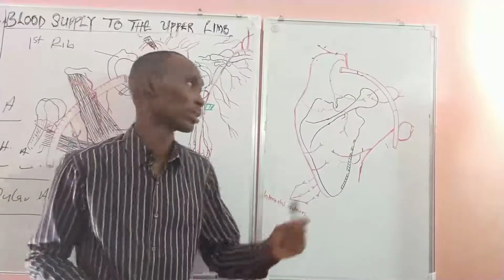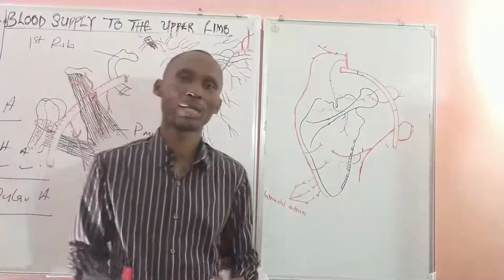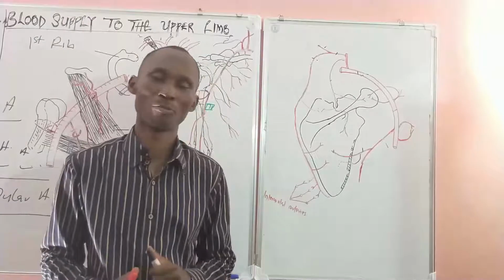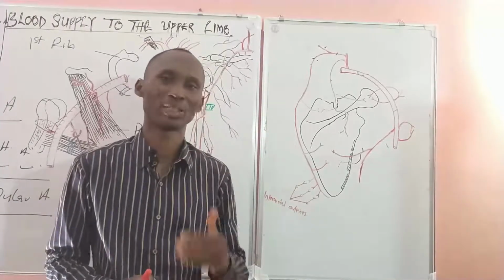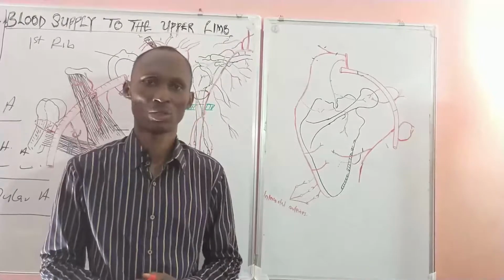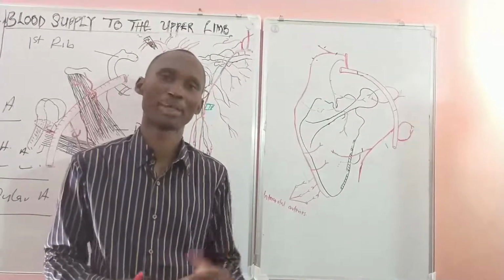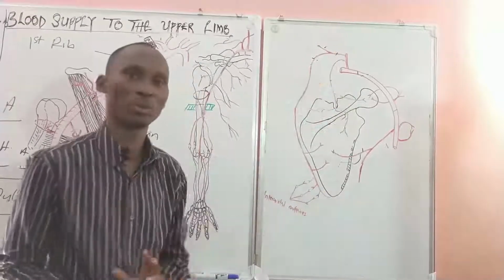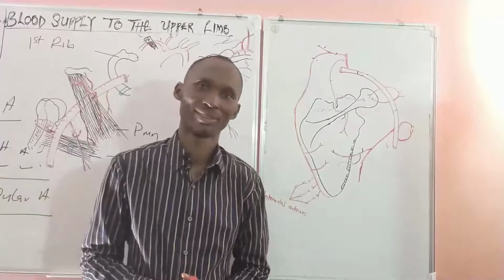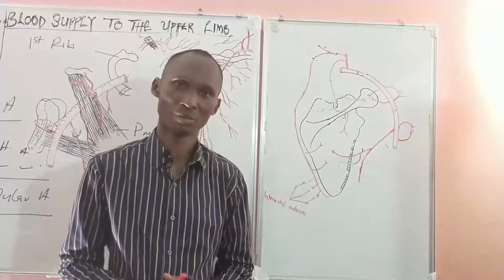Now, the scapular anastomosis is the collateral route of blood supply between the first part of subclavian artery and the third part of axillary artery. The advantage of this is, if there is a blockade between these 2 parts, this collateral supply will save the day. Now, let's look at the branches that are involved.